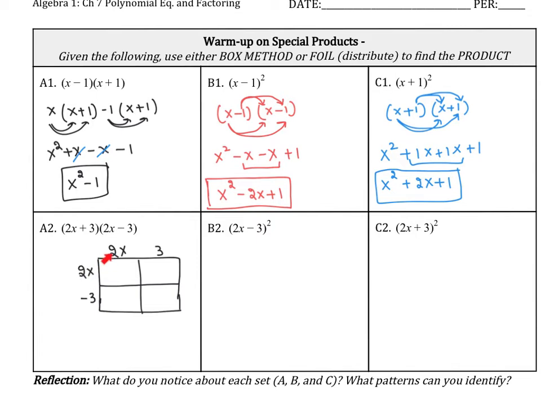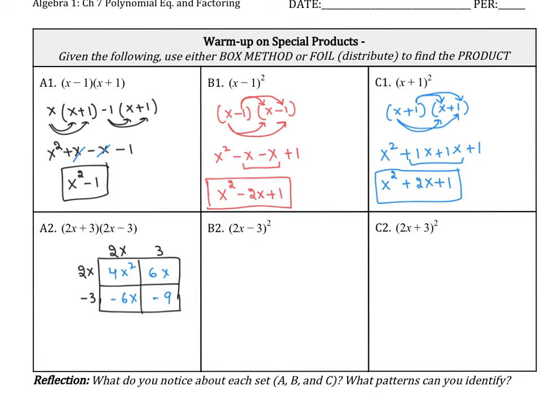You're going to multiply these two together, 2x times 2x. So 2 times 2 is 4, x times x is x squared. 2x times -3 is going to be -6x. 3 times 2x is going to be 6x. 3 times -3 is going to be -9.